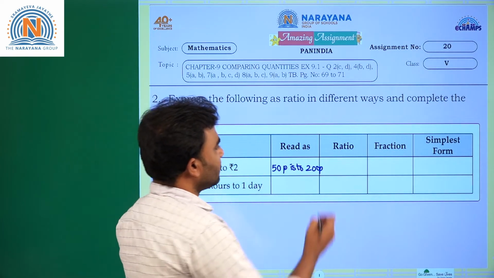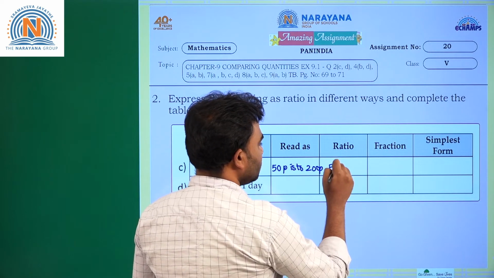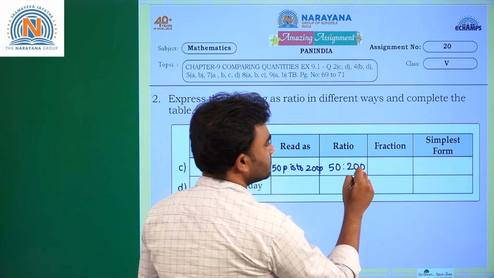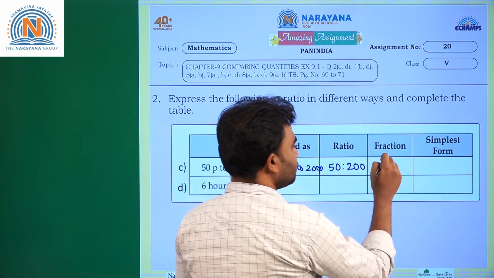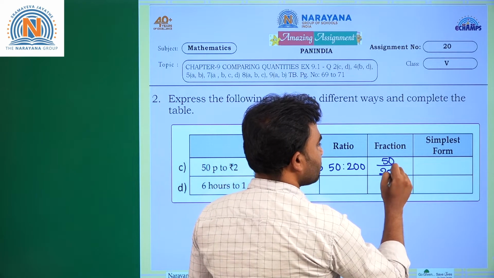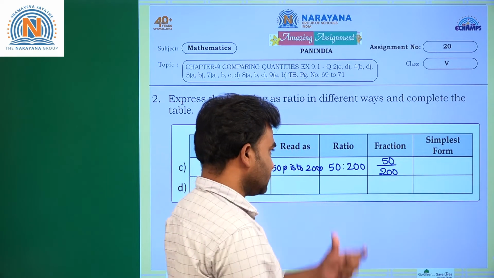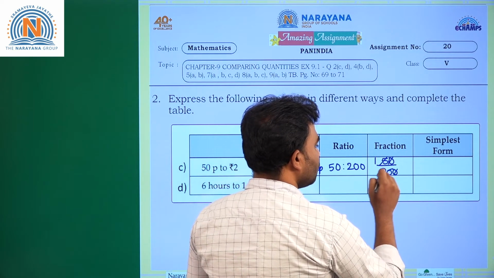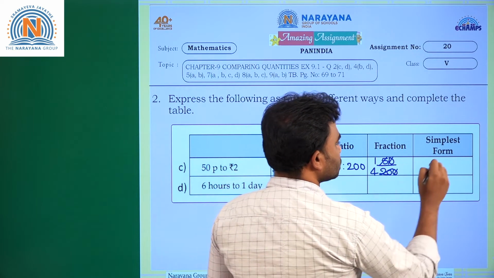Next, ratio 50 is to 200 and fraction 50 by 200, and the simplest form of the fraction is, 0 0 cancel, 5 ones 5, 5 fours, so that is 1 by 4.